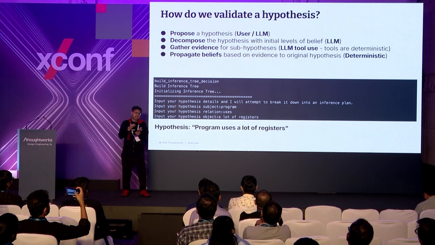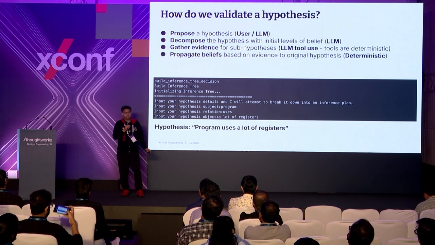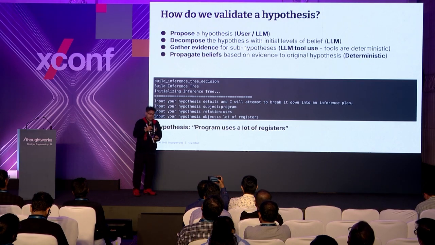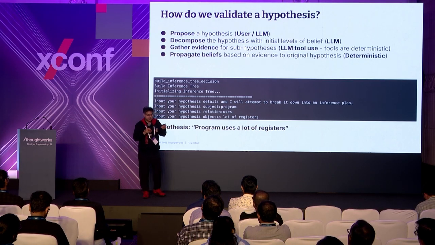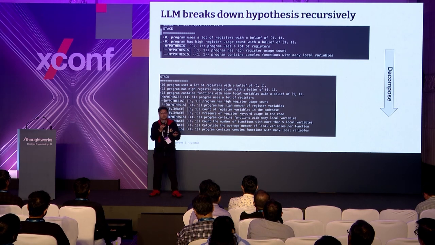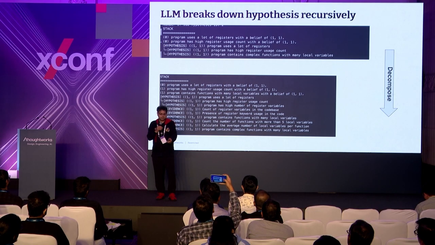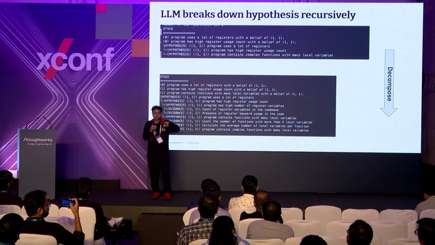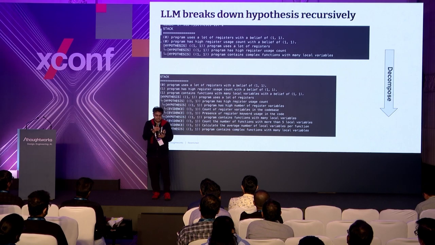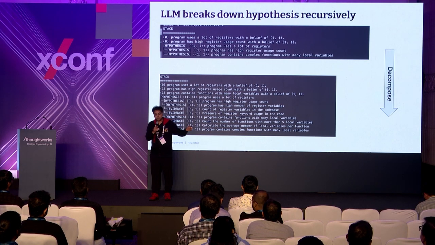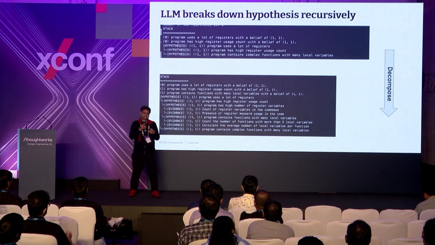And what I do is I don't just let the LLM guess. What I really did is I wrote a sort of LangGraph agent. What it essentially does is it breaks down this hypothesis recursively. So in this example, the top hypothesis was broken down into 2 smaller child hypotheses. One being the program has a high register count, or second, the program contains complex functions with many local variables, as an example.